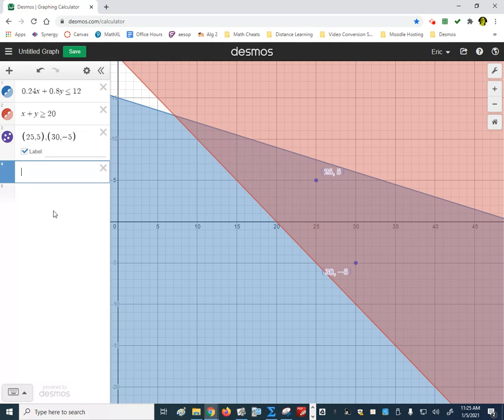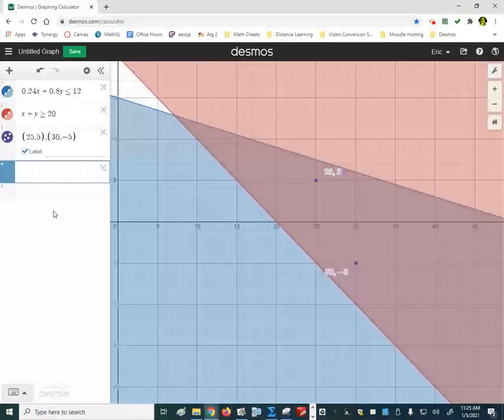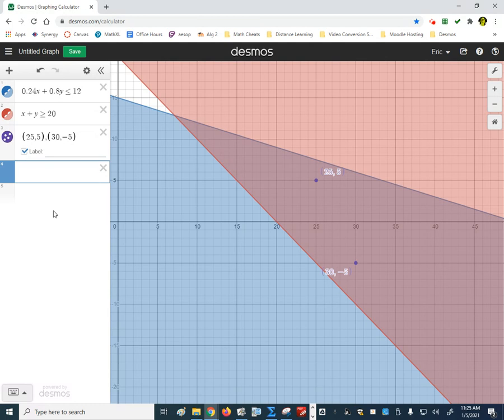Okay, that's right. So that's our goal. We want to only include stuff that is above the x-axis, right? So let's think about that in terms of the number of oranges. We could think about it mathematically in terms of a graph, or we could just think about this in terms of the actual problem, right? We can't have a negative number of oranges.